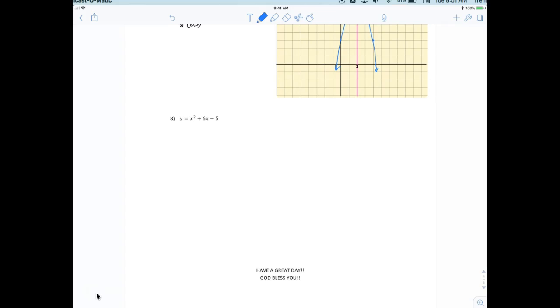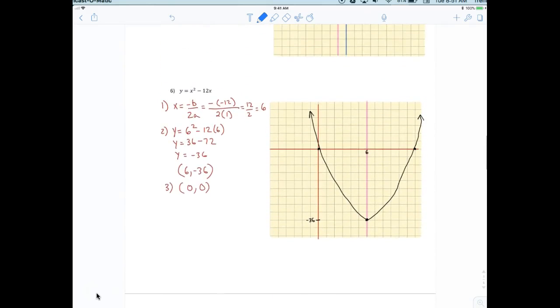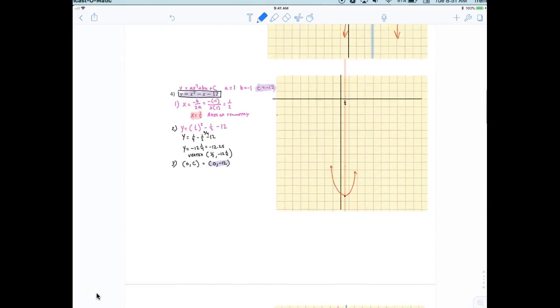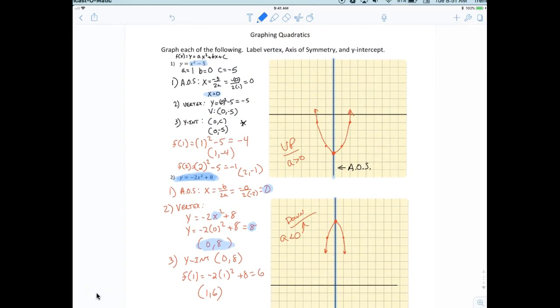My recommendation is to erase 6 and maybe erase 3 and maybe erase 1 and try it again. Now remember what I want you to look over. Question 1 and question 2 are unique because the vertex is the y-intercept, so there's only one point. So you have to create a second point. All right? So you have to be careful.